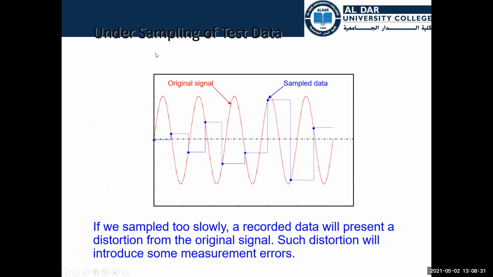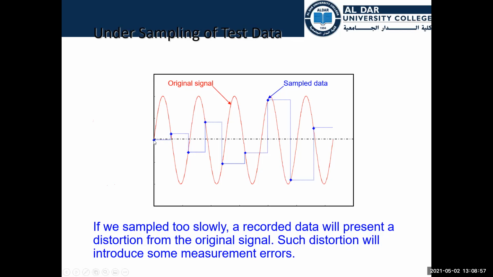But we will undersample the test data if we sample very slowly. We should take a sample here, another one here, another one here, but we are very slow.